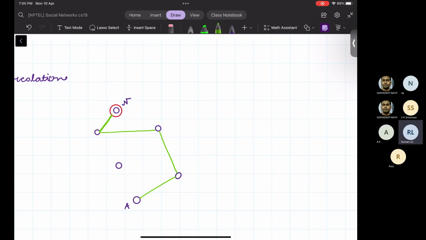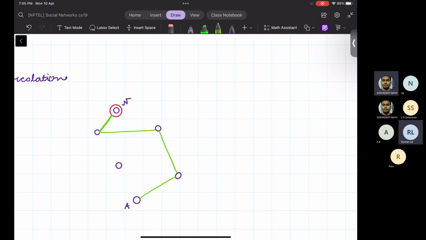Sir, I agree with this answer, no issue. But I am asking, if node A is an immediate node from the infected node, then what will be the probability of the network?